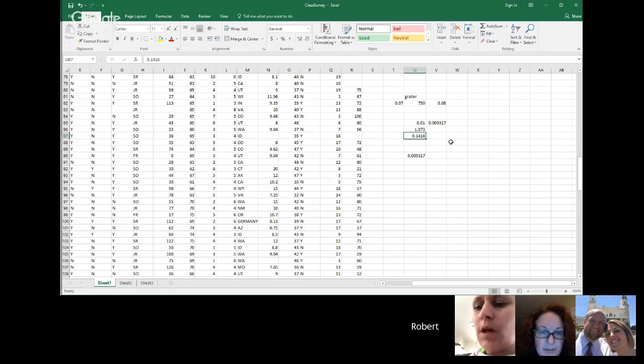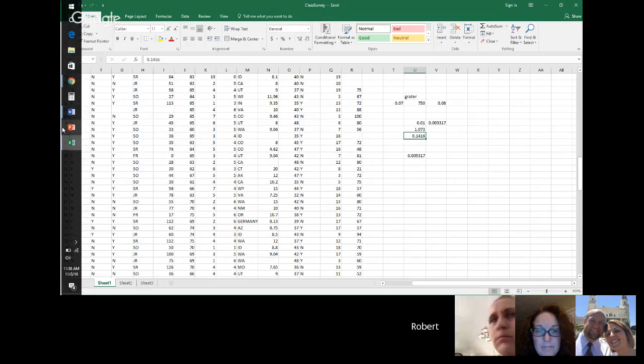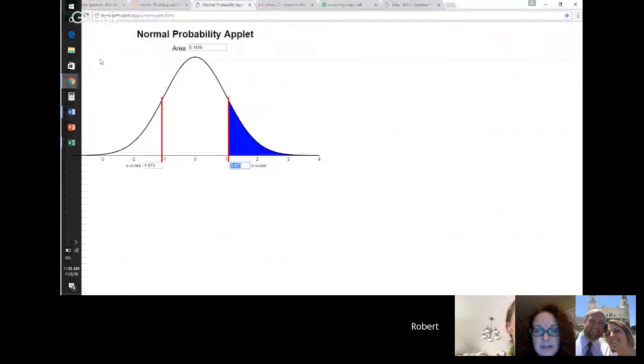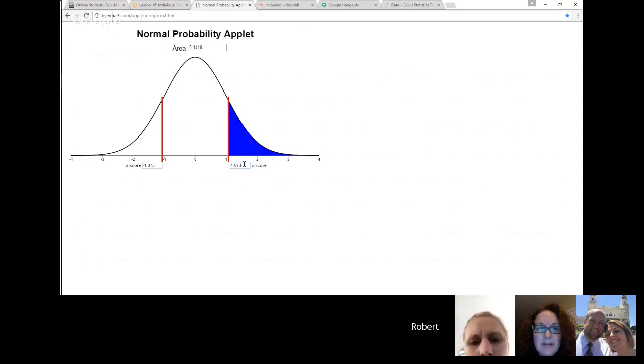Okay, so yeah, I didn't round correctly. Okay, so I got the 1.073. And then from there, you just go to the normal probability applet, input 1.073, shade the greater side, and you get 0.1416 as the probability.